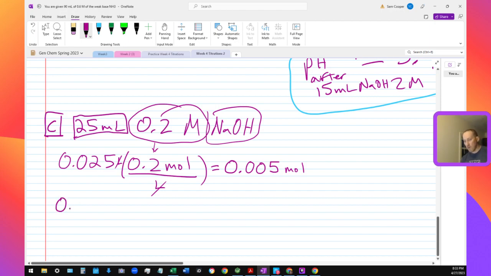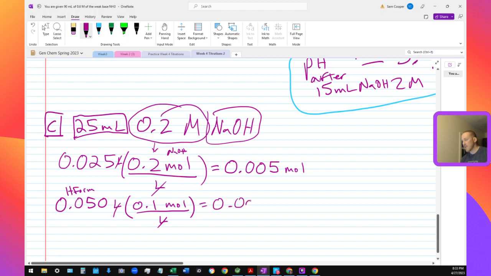If you recall, we initially started with 50 milliliters. This is our NaOH. And here's our H form. That initial 50 milliliters of 0.1 molar H form meant that we started with that many moles. Oh my gosh, that's the same number. And again, we don't really care about the Na.